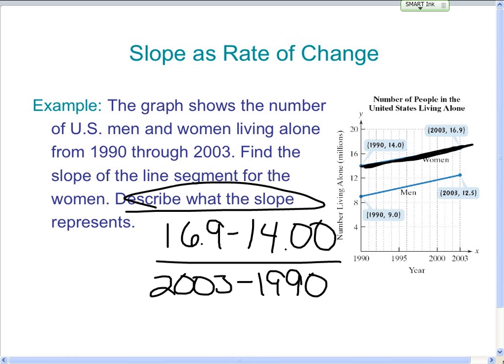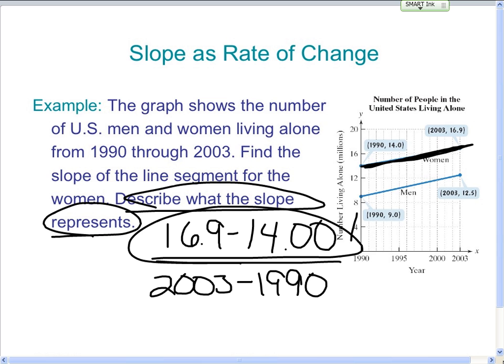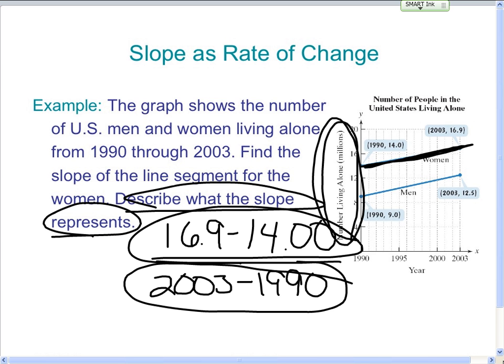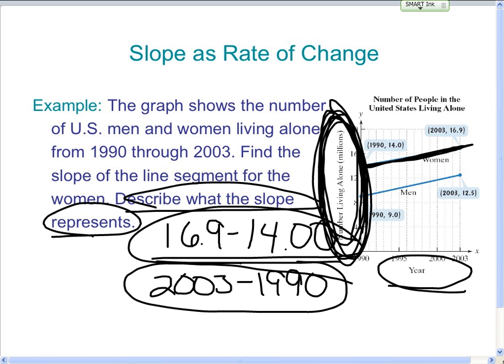But it says describe what the slope represents. So what did we talk about on top? That was the y values. That's the number living alone. And then the number on the bottom, that was years. So the way we describe slope is whatever's on top, living alone, per whatever's on the bottom, which is the year. So whatever unit is on top per whatever unit is on the bottom.